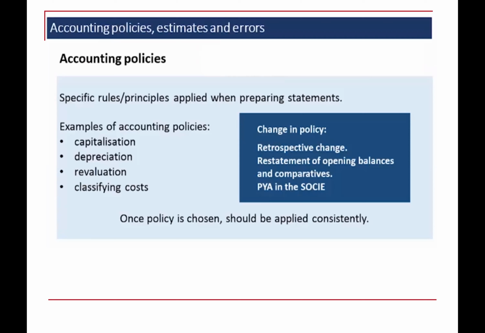But you would remember that depreciation reduces profit, and the profit is a component of retained earnings, which means in your statement of changes in equity in the previous period, you would not have taken depreciation into consideration in your retained earnings, which is a collection of all the profits that you had made in the previous years. It means you need to do a prior adjustment of your retained earnings to reflect depreciation you would have charged last year if you had started applying that policy in the previous year. So it means we need to restate opening balances and the prior year adjustments that would need to be done in the statement of changes in equity.